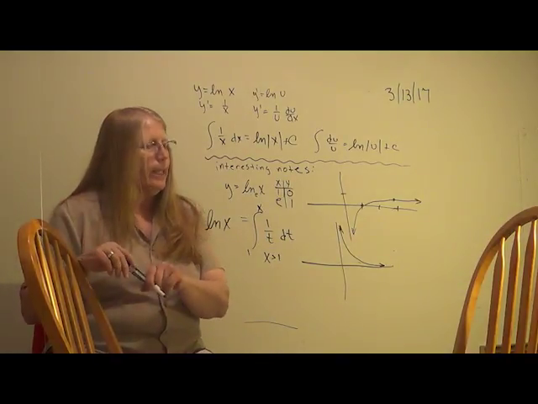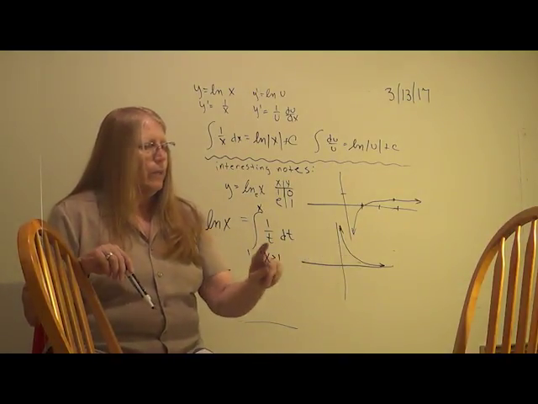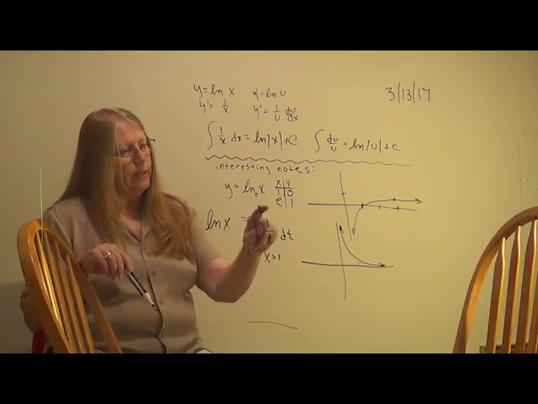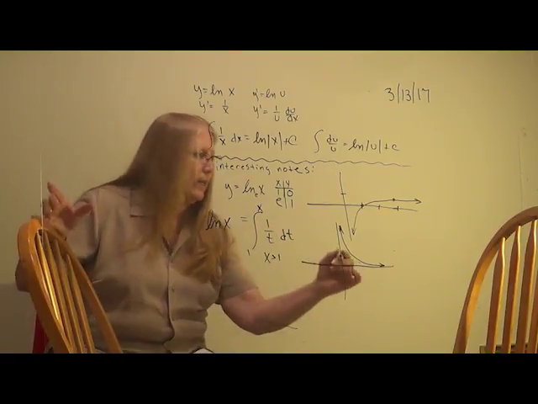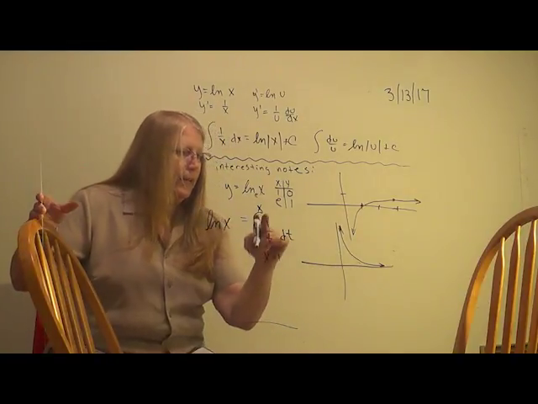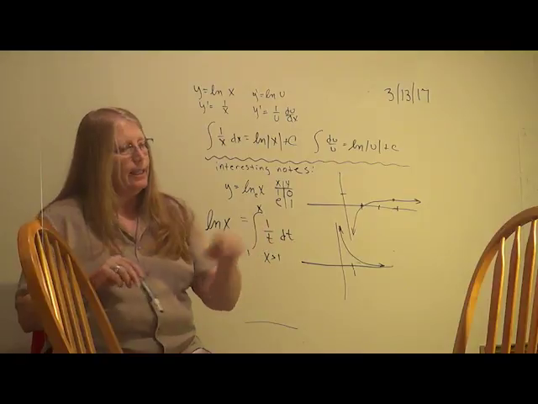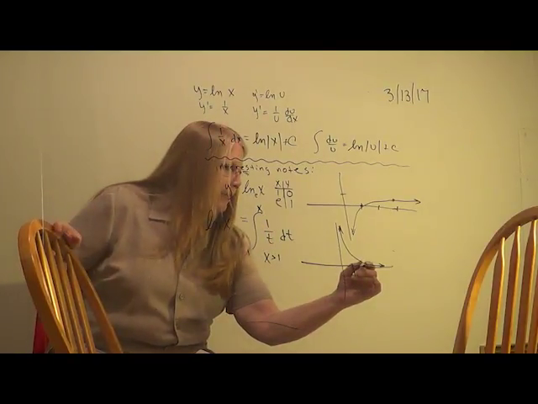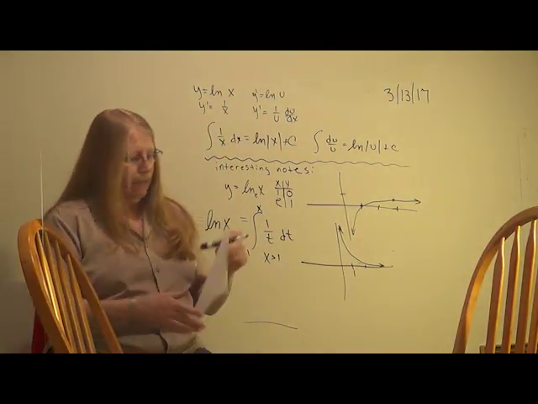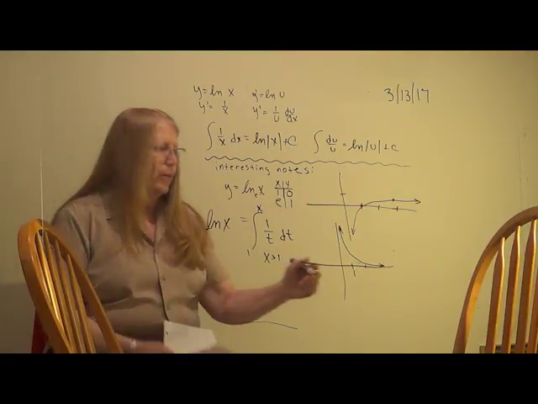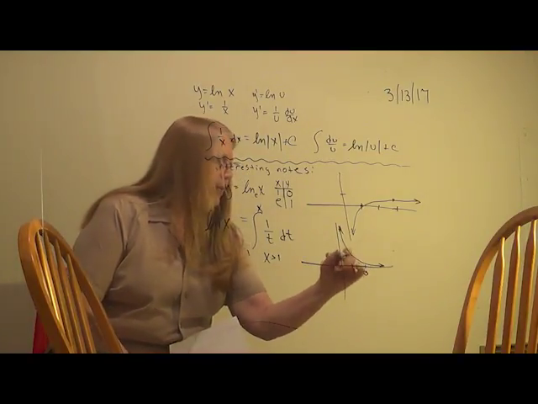This is the curve 1 over x, and we call it 1 over t because this variable is x. So the area under the curve from 1 to x, let's say we pick right there and call it 3.